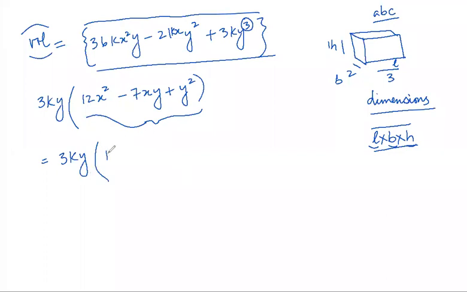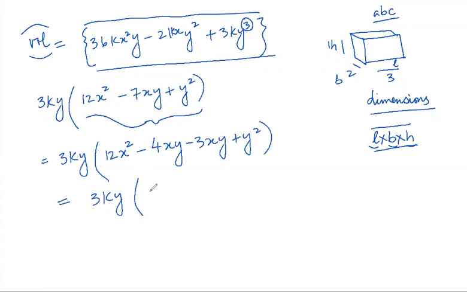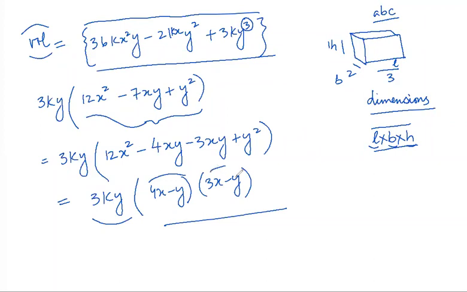You can write it like 12x square minus 4xy minus 3xy plus y square, right? Once you've written this, you can easily do this. 3xy into 4x minus y into 3x minus y. So these are the dimensions of the cuboid. This is the length, this is the breadth, and this is the height.